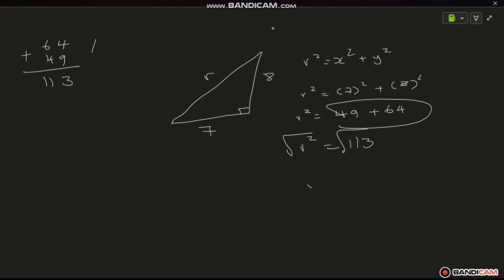We put what? A square root to get rid of the squared. Then R will be whatever answer that we'll be getting there, but it must be greater than 8 and 7. That means we're calculating what? The hypotenuse. I hope it makes sense.